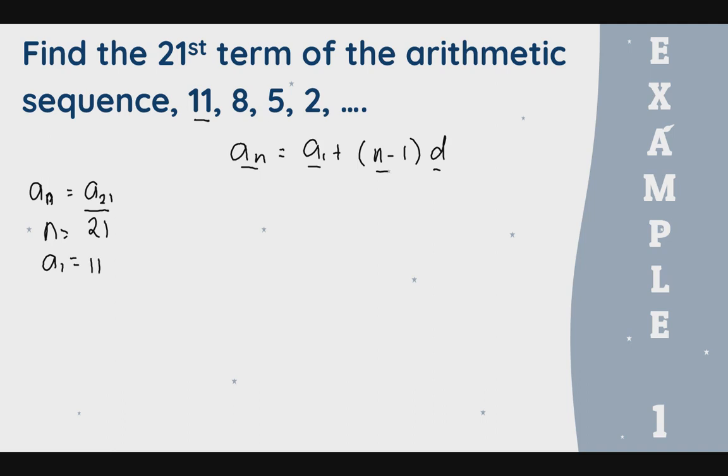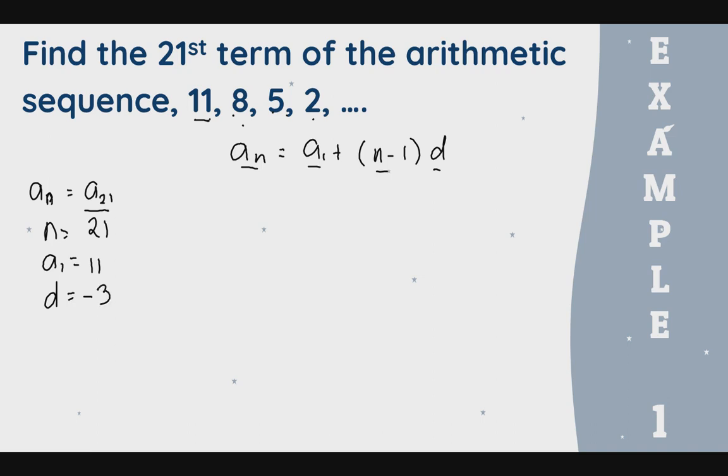And our common difference is, so get the common difference of each pair of terms: second and first, third and second, fourth and third. So you will get negative 3. Very good.